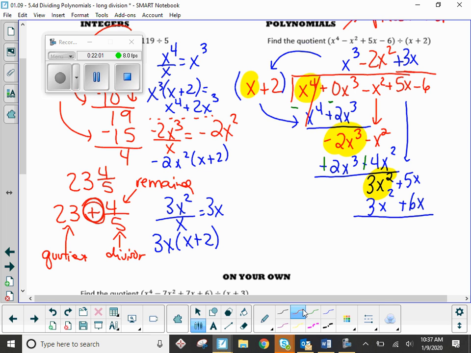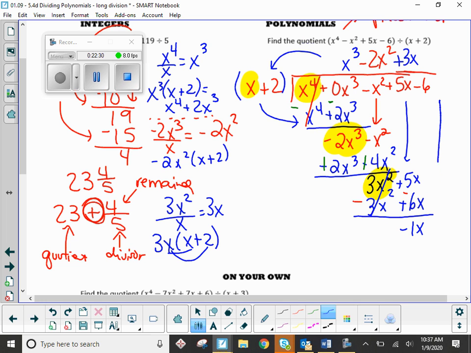Right, both of these things, right? Negative 3x squared takes an opposite sign. 6x takes an opposite sign because you're subtracting it. From right here, this 3x times x, 3x times the 2 is where the 6x came from. Those cancel. 5x minus 6x, negative 1x.